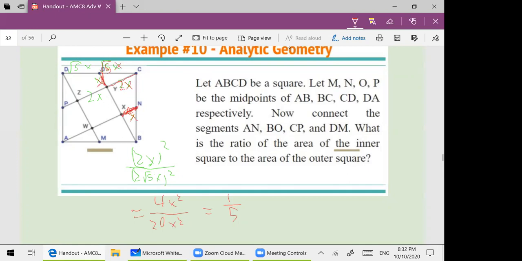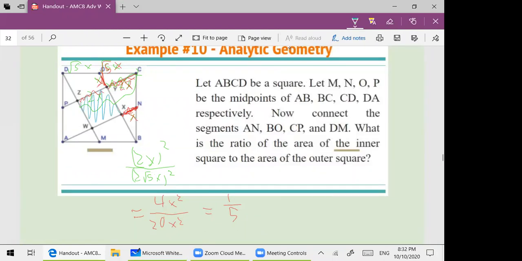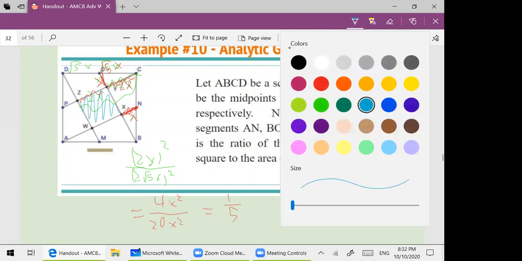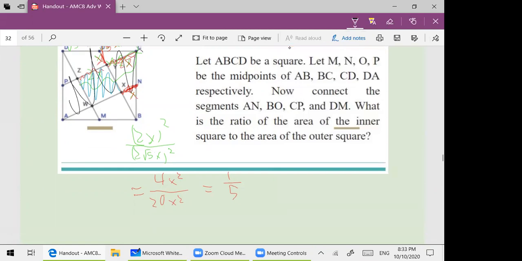And you also know that this is equal to this because the ratio of this side to this is 1 to 2. So the side length of this square is 2x, while the side length of the whole square is 2 root 5x. So the ratio of their areas is 2x squared over 2 root 5x squared, which is 4x squared over 20x squared, which is 1/5.